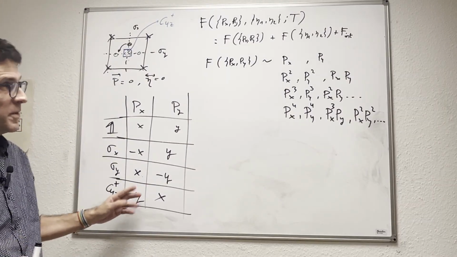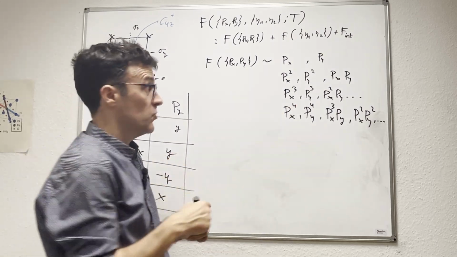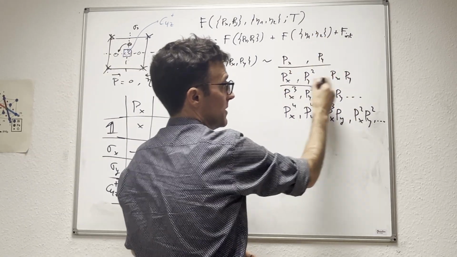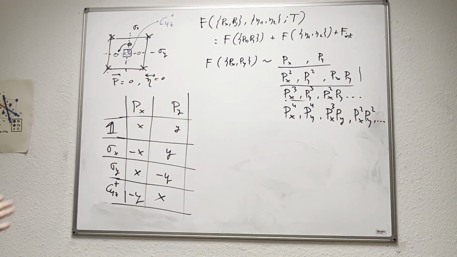So a symmetry operation will never mix px with px to the cube. So it has to be true that at this level we respect the symmetry, at this level we respect the symmetry, etc. Okay, so let's see how it works.